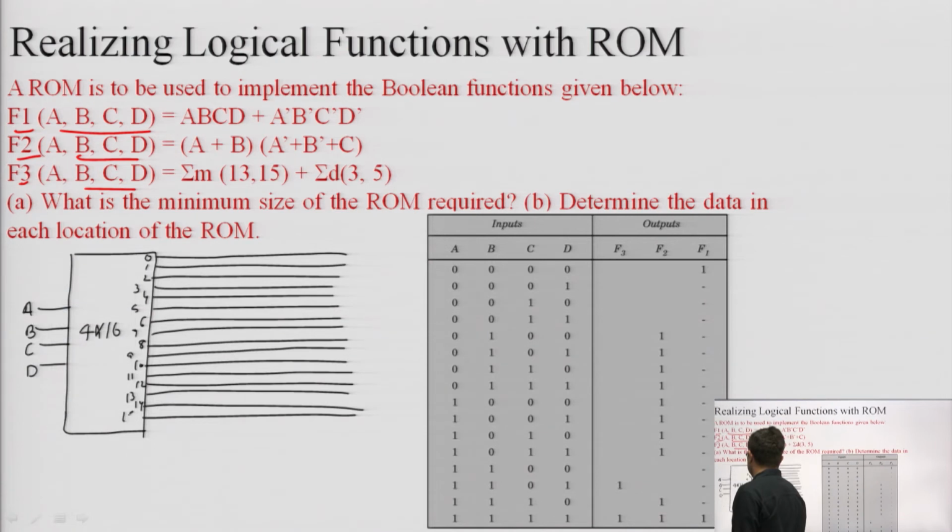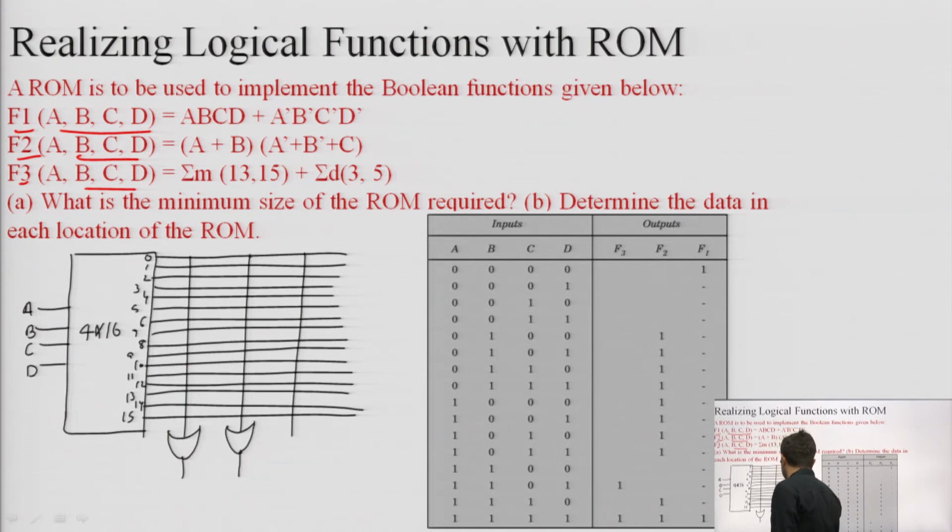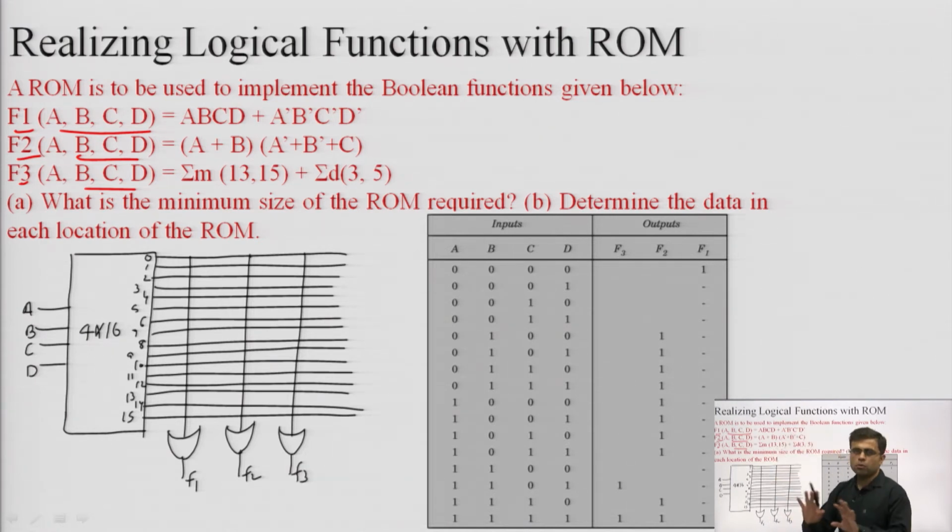Now, we are also aware that there are going to be 3 OR gates, so let us have 3 OR gates. These are going to be F1, F2 and F3. This is the outer picture.